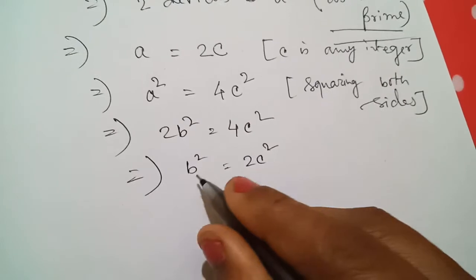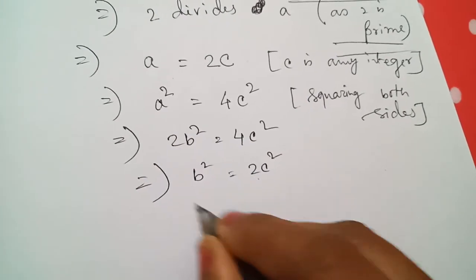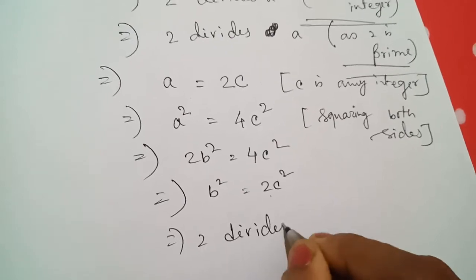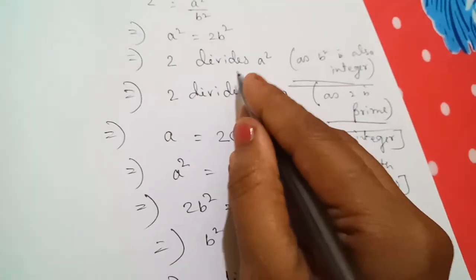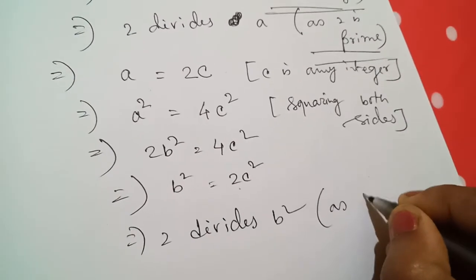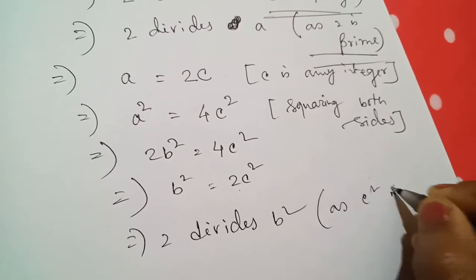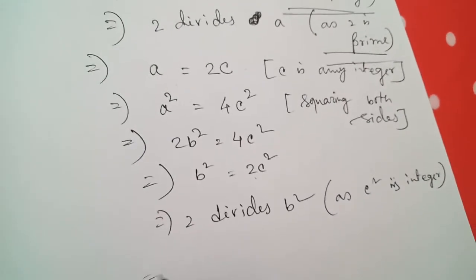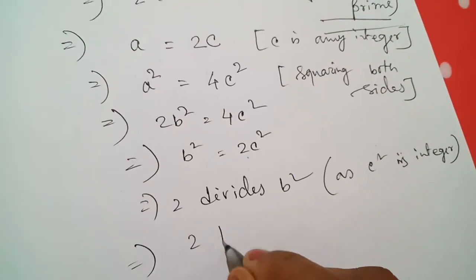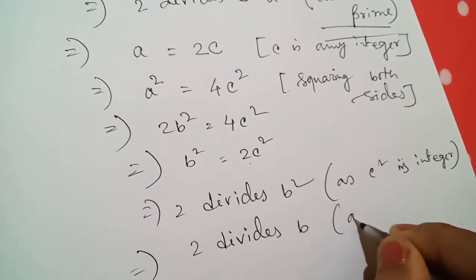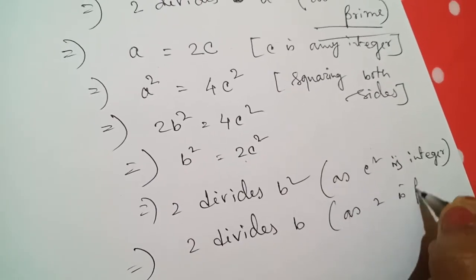Now B square equals 2C square means 2 divides B square. 2 divides B square like this. Okay. So as C square is an integer, 2 divides B square means 2 divides B, as 2 is prime.